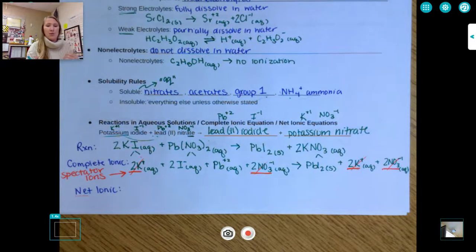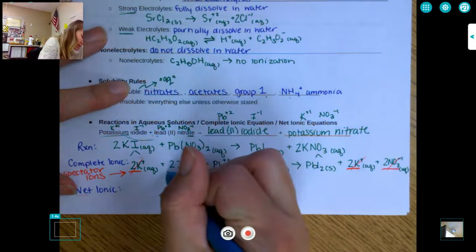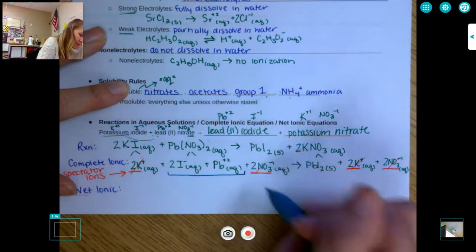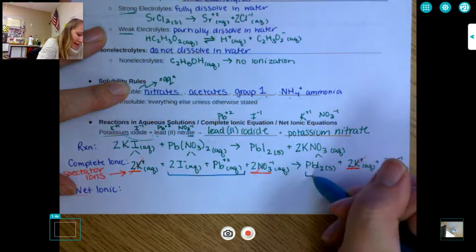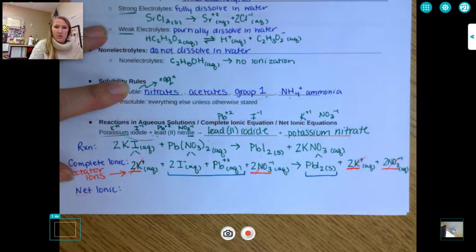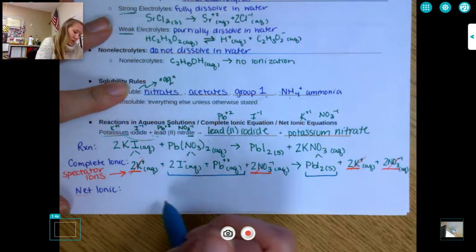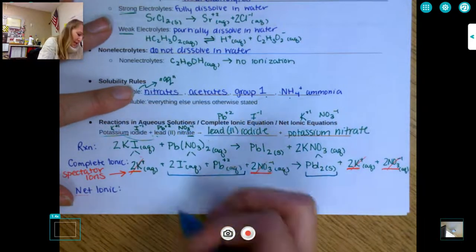Net ionic means what's net happening in our beaker. These are the things that are doing the reacting. We can see that we've got these guys left over, my iodide ions and lead 2 ions, and I make my product of lead iodide. So my net ionic equation is what is actually happening.